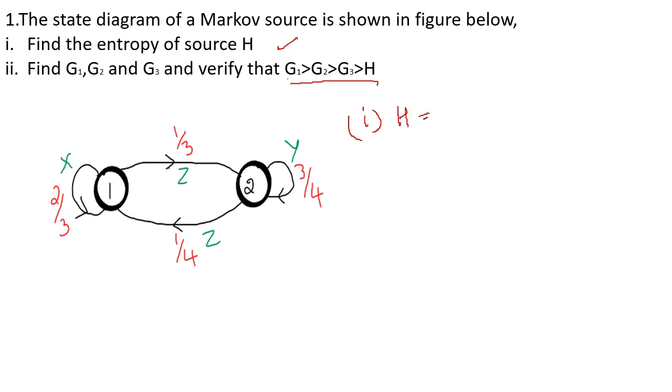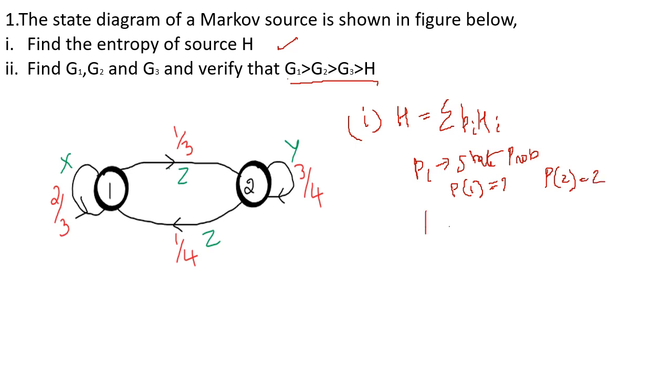Entropy of the source H is nothing but the summation of Pi into Hi, where Pi are the state probabilities. So how many states are there in this particular diagram? We have two states. So we need to find P of 1 and P of 2. Then what is Hi?